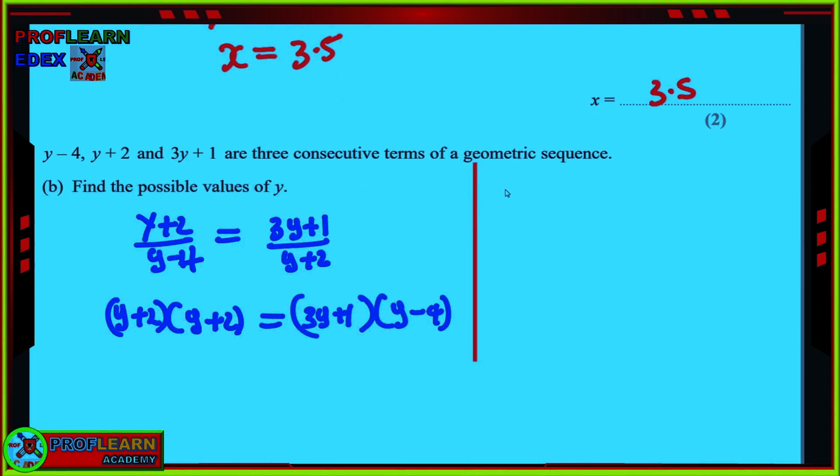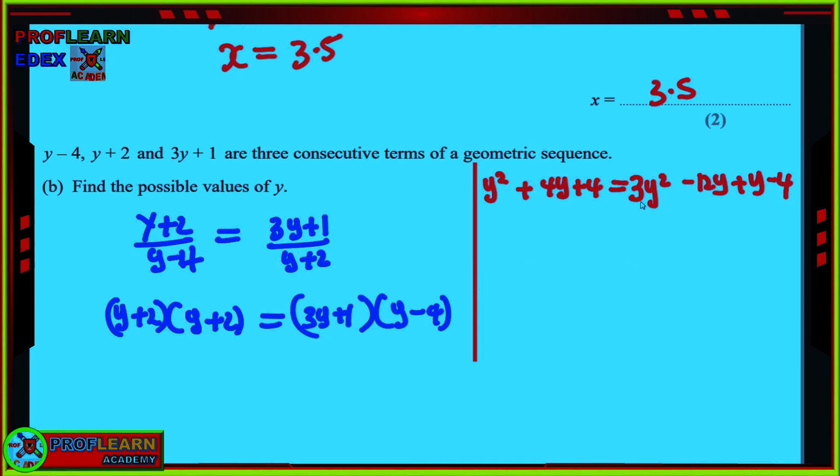At that point we can expand this and it will end up being y squared plus 4y plus 4 equals 3y times 3y, which is 3y squared. 3y times negative 4 will be negative 12y. 1 times y will be plus y. 1 times negative 4 will be negative 4.